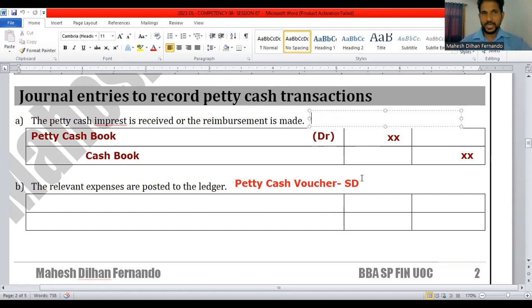This is a payment in the cash book. It is debited to the petty cash book and credited to the cash book. That means this is a payment in the cash book. Then what has to be the source document to record the petty cash imprest?